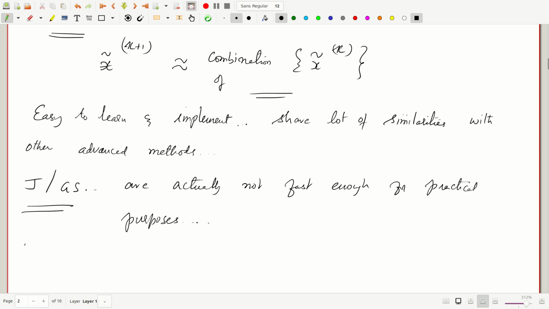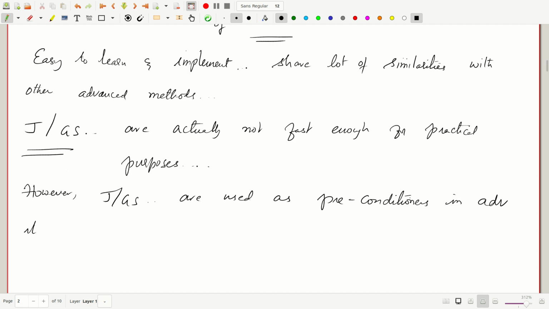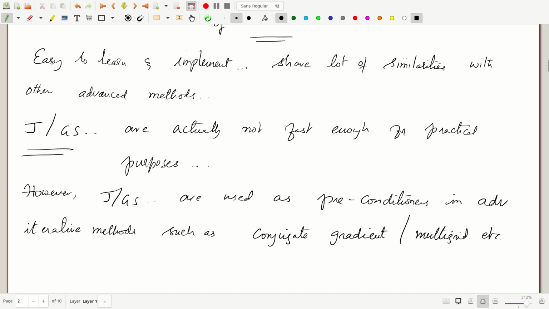However, the Jacobi or the Gauss-Seidel are used as preconditioners in advanced iterative methods such as conjugate gradient or multigrid, etc. We will probably not be learning these as part of the course, but depending on the time, they can be good candidates for your projects.